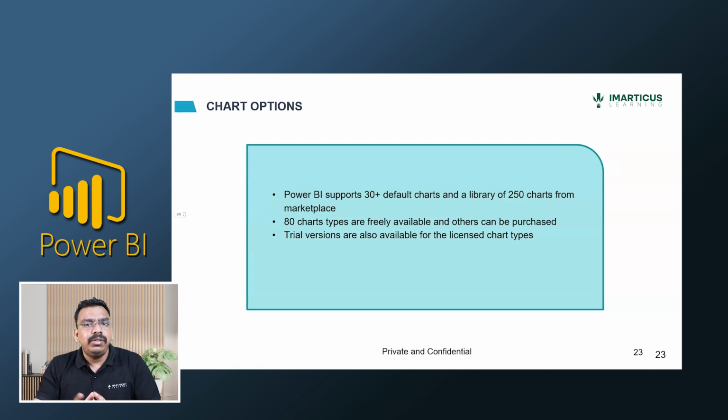Among those 250 plus charts, 80 chart types are freely available and others are purchasable, where you have to pay some amount to visualize the different charts. The trial version of Power BI is free. You can get the license version and start loading the chart and making the visualization.